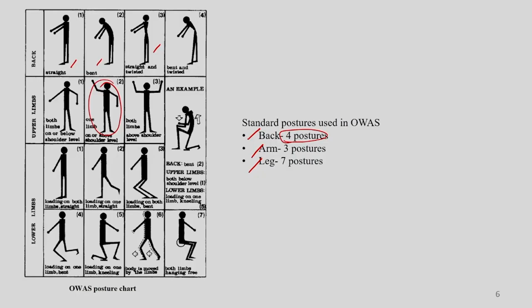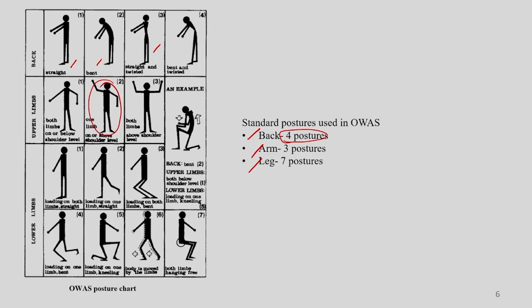You can understand the kind of stress you will get on your shoulder if you are working above shoulder level with both hands. So arm has 3 postures. Back or trunk has 4 postures, arm has 3 postures.